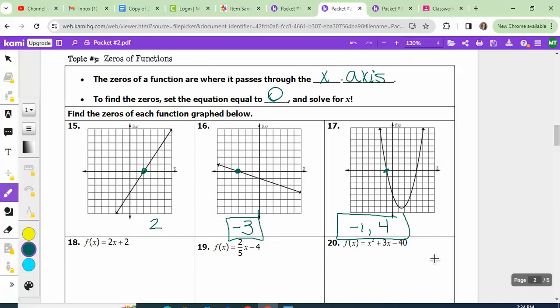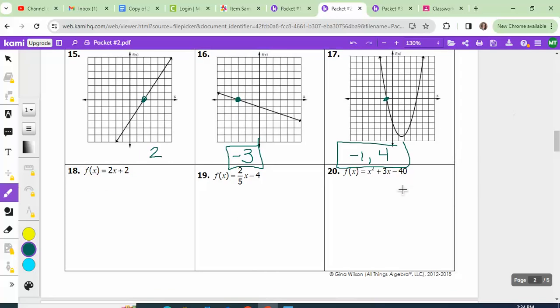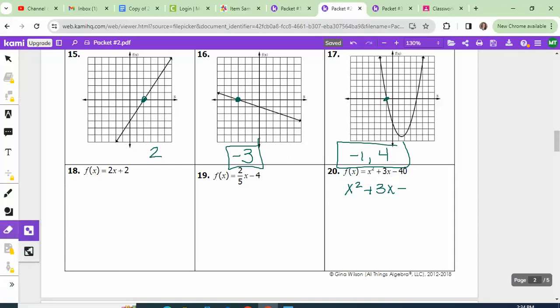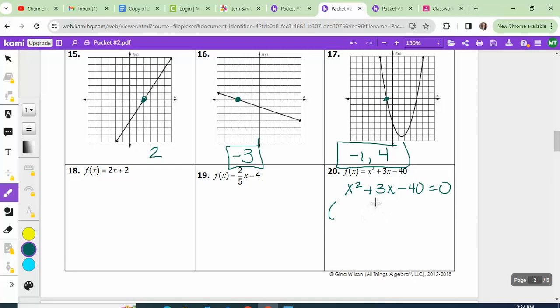Let's look at 20. It's one of the equations like we had on our test. If I'm wanting the zeros, I want you to set this equal to 0. What do we have to do to it? Remember we factored?